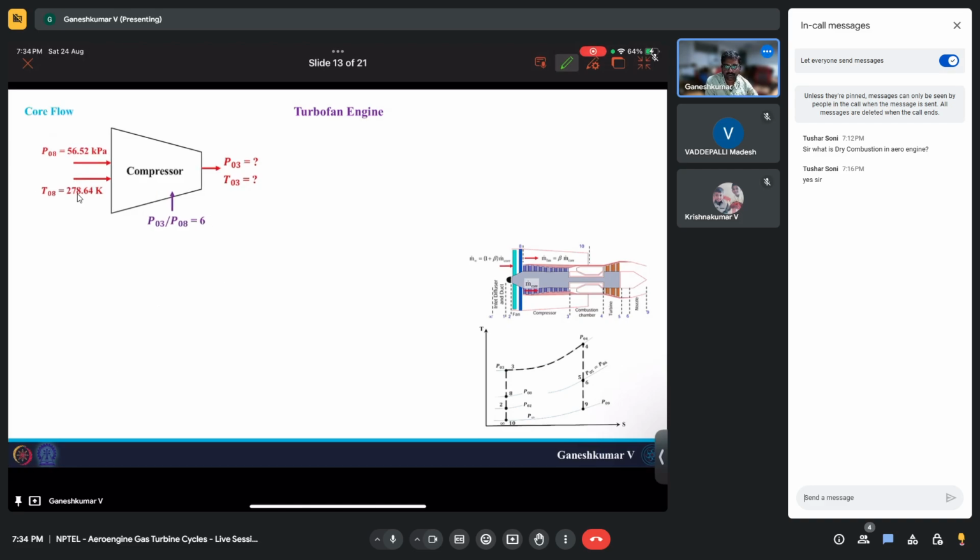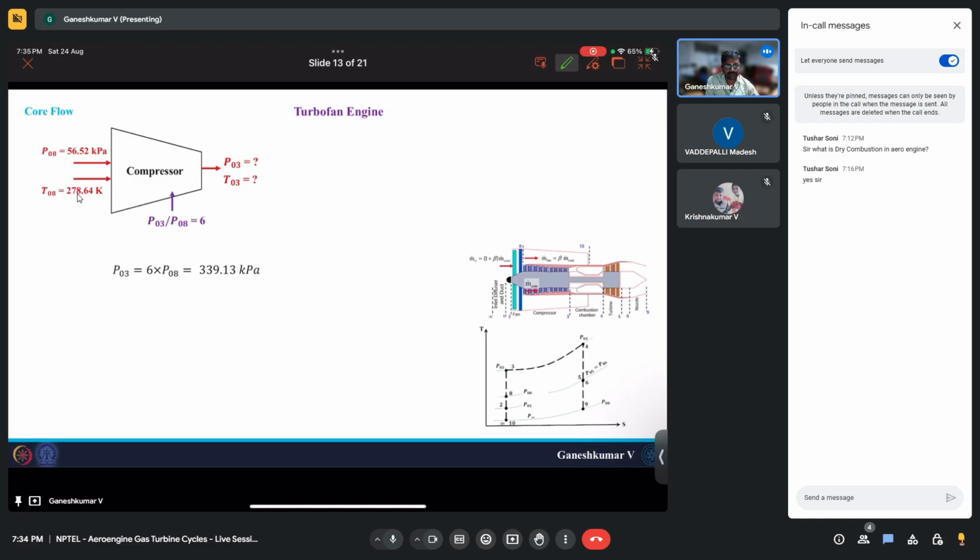And now we will try to calculate all the station properties for the core flow. In the core flow, the first component that you encounter is the compressor, and the compressor has a pressure ratio of 6 for this case. Since we know the pressure ratio, we can directly find the pressure at the exit of the compressor.